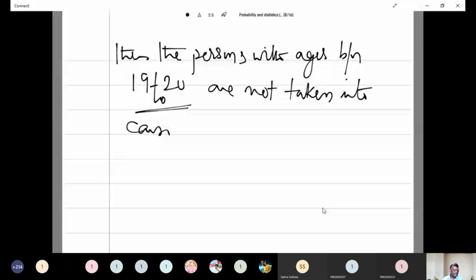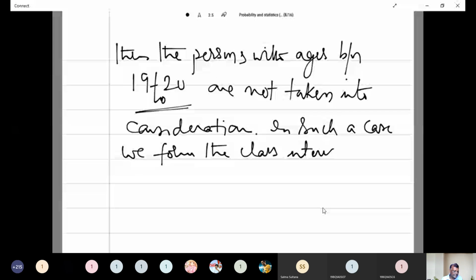In such a case, we form the class intervals as shown below.